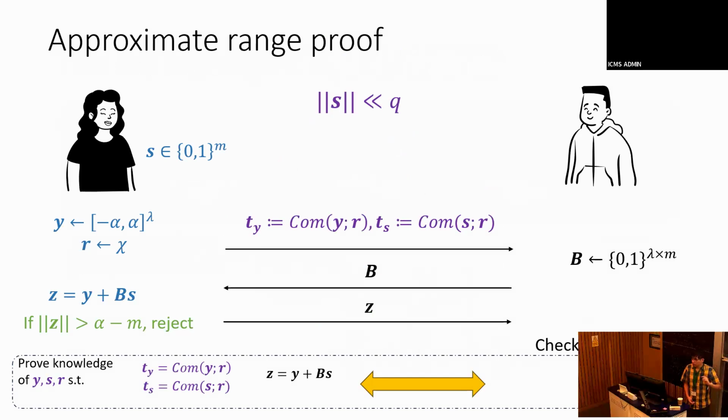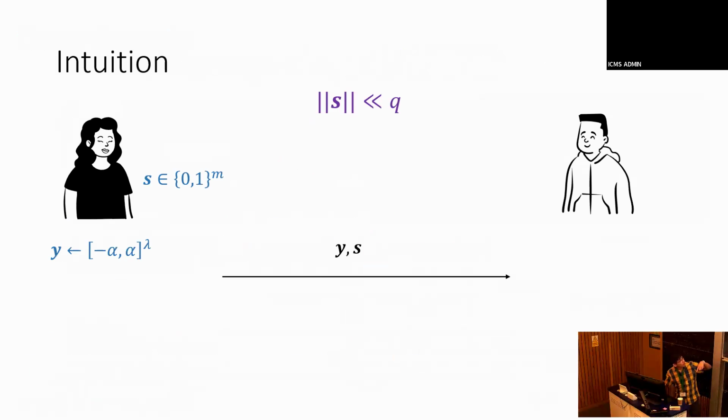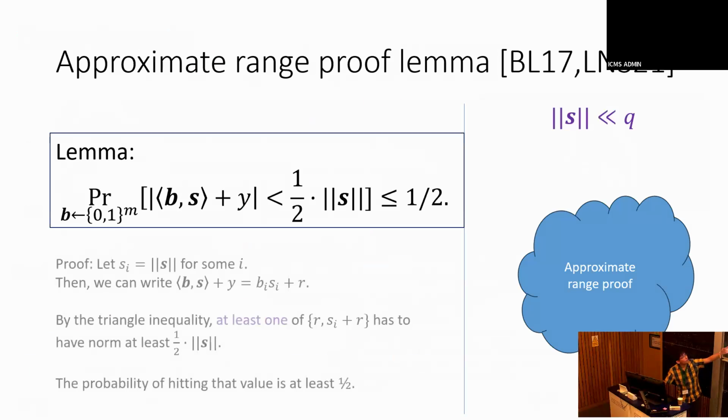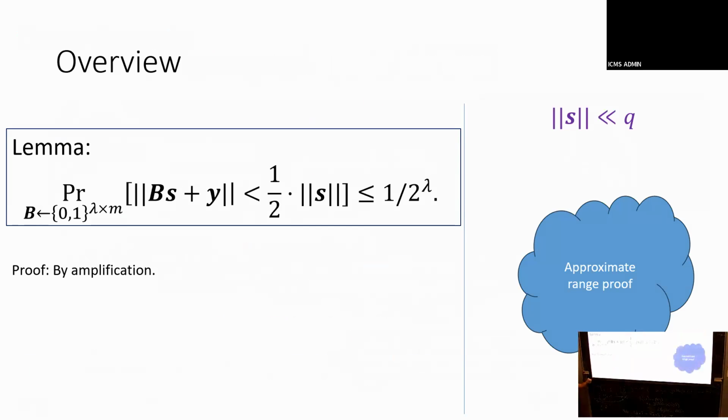You said that S is large. If S was large, BS plus Y would also be large. But I sent you BS plus Y, so the verifier manually checks that BS plus Y is short.